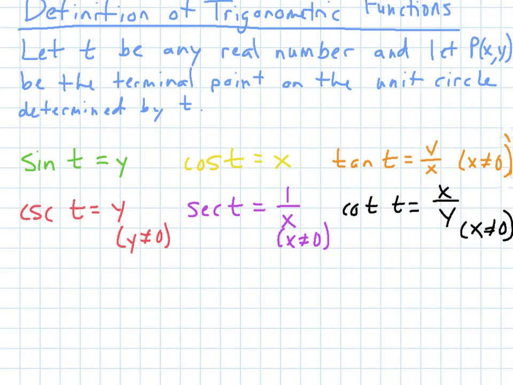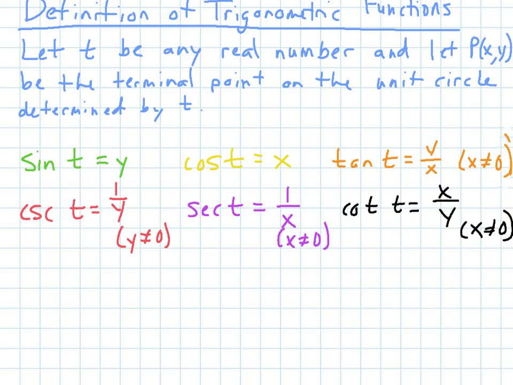Remember, sine is your y value, cosine is your x value, and then tangent is y over x, cosecant is 1 over y, secant is 1 over x, and cotangent is x over y.